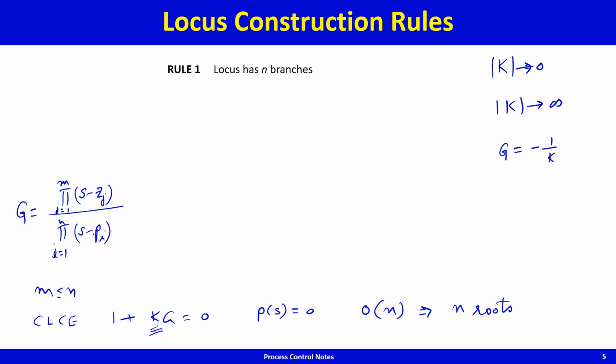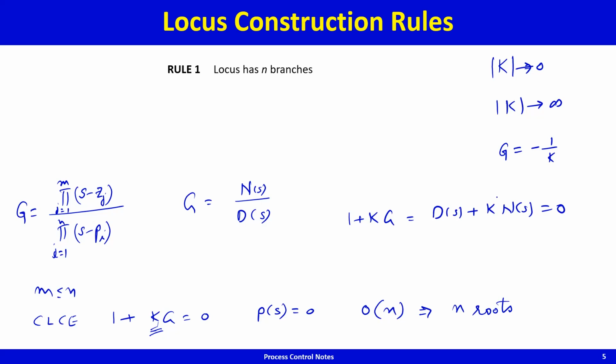It can also be looked at in a much simpler way. I can say that g is equal to a numerator polynomial in s divided by a denominator polynomial in s, and therefore 1 plus kg is going to be denominator polynomial plus k times numerator polynomial equal 0. This is the characteristic equation.